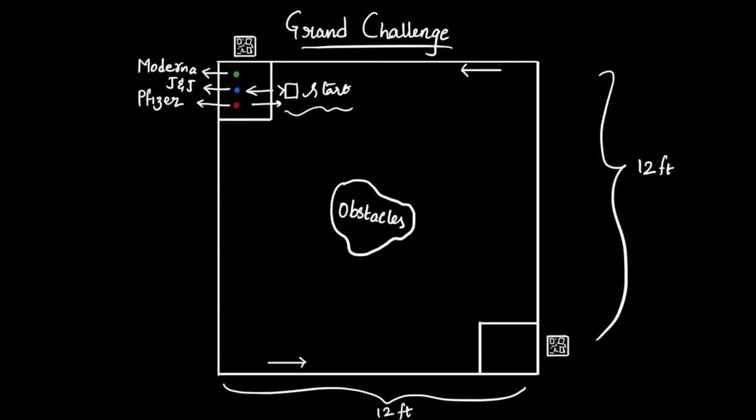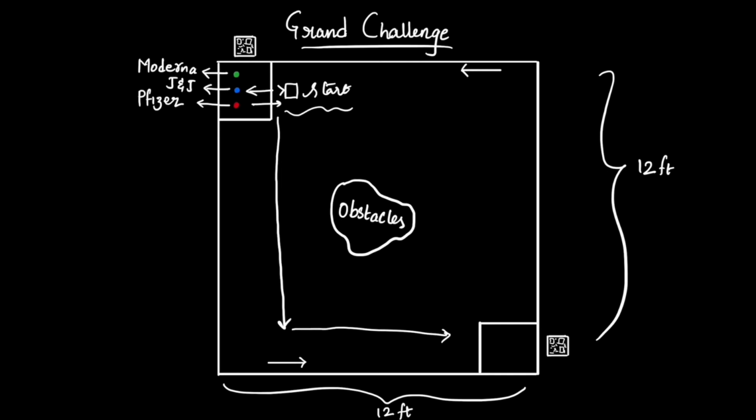Once it's here, it would turn left by 90 degrees and move forward until it can read an arrow that points it in the right direction. Once it reads an arrow, it will move in the direction that it reads and turn left by 90 degrees. And it'll keep moving until it can scan a QR code. There is a QR code at the end of that deployment area that tells it to stop, saying that it's reached the area.